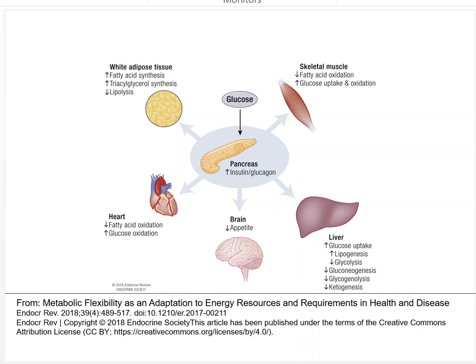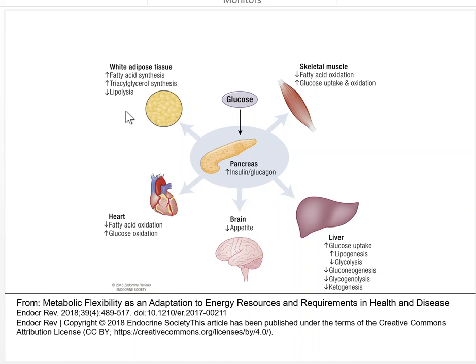So let's jump over to the fat region. In the adipose tissue, we see an increase in synthesis of fat storage molecules and a decrease in breakdown of fats.